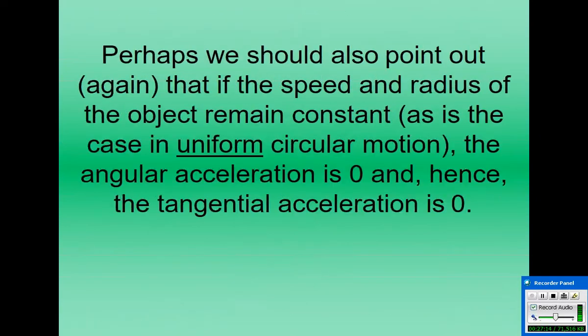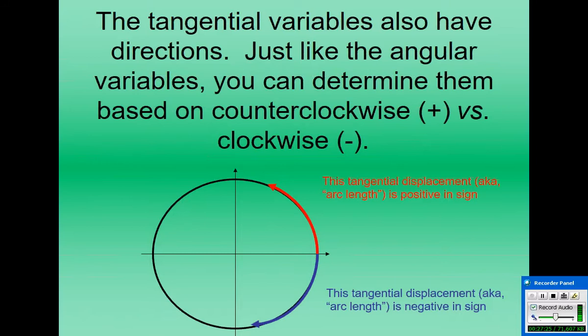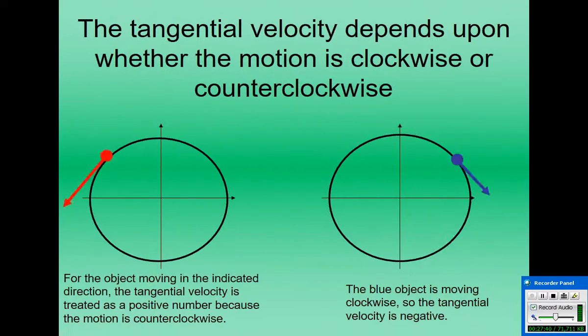Tangential variables have signs that exactly match with the angular variables. If the tangential variable extends clockwise, it is negative. If the tangential variable extends counterclockwise, it is positive. This is true for when it's moving, if we're talking about tangential velocity.